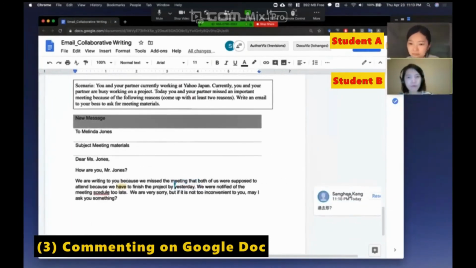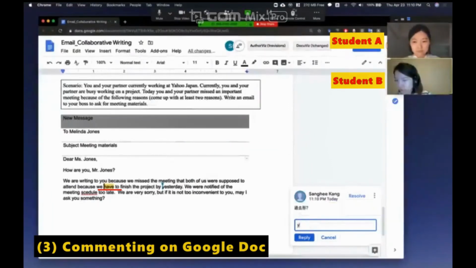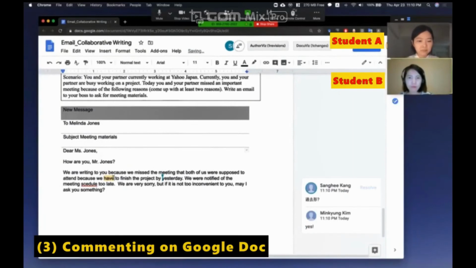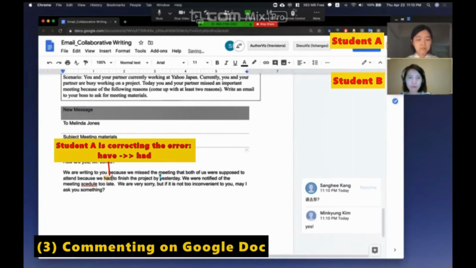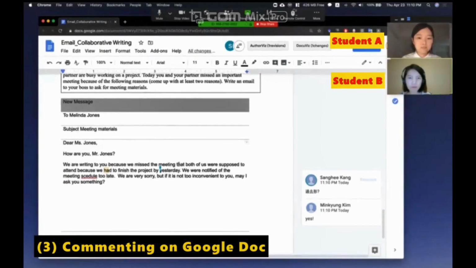And they also provide comments on each other's writing, and sometimes using first language, which is Japanese. And also showing error correction on each other's writing together.